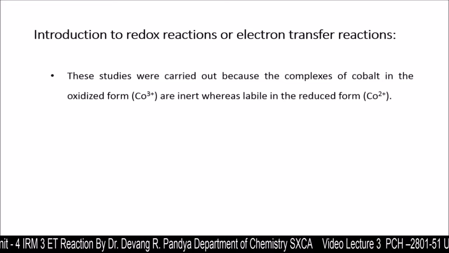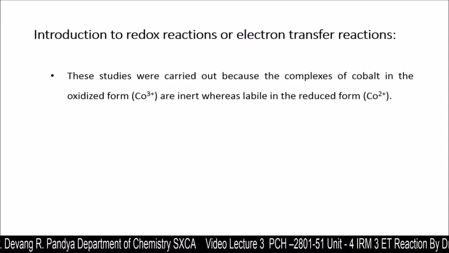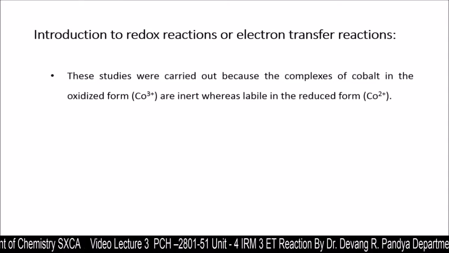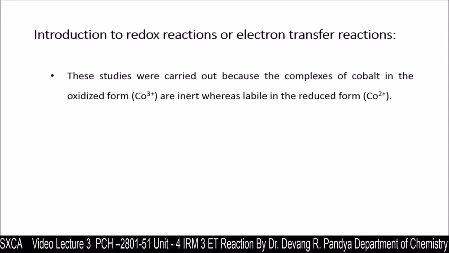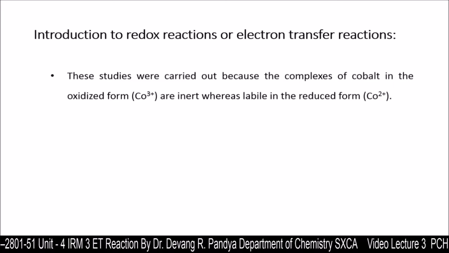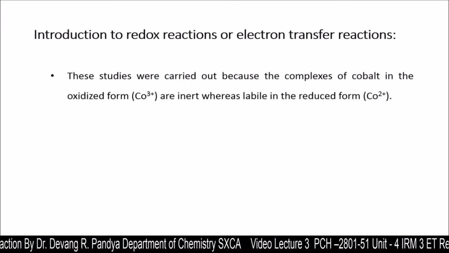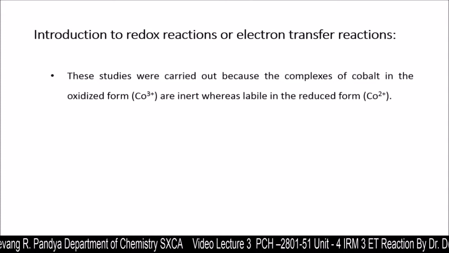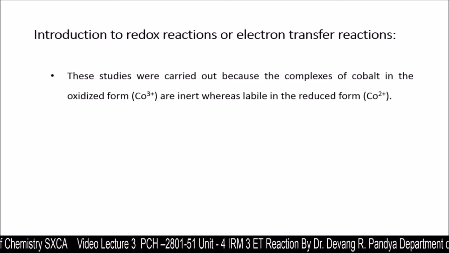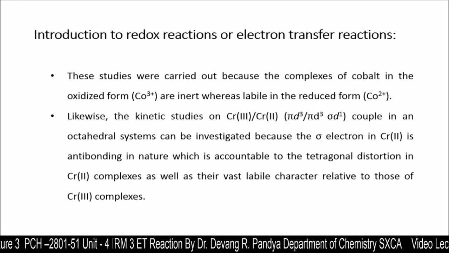These studies were carried out because the complexes of cobalt in the oxidized form, that is cobalt +3 oxidation state, are kinetically inert, whereas they are labile in the reduced form, that is Co +2. And this combination is required for this electron transfer reaction. The metal center should remain similar, and only electron transfer from one metal to the other takes place.